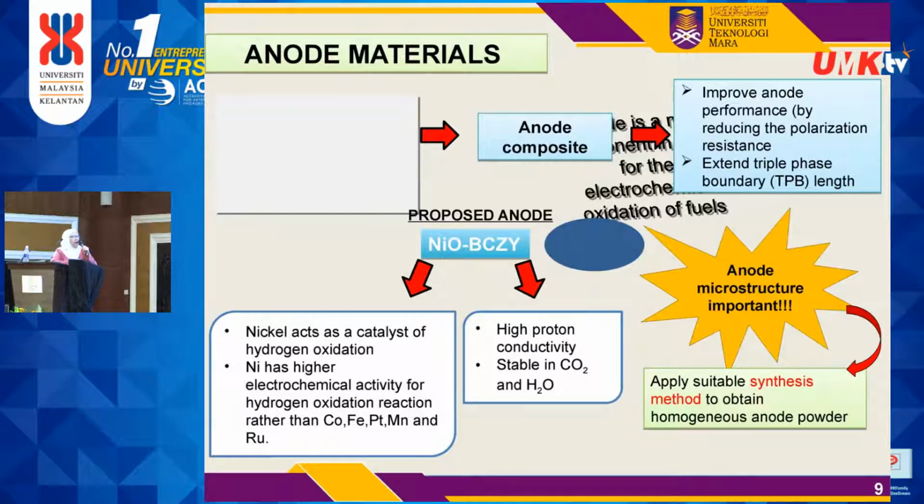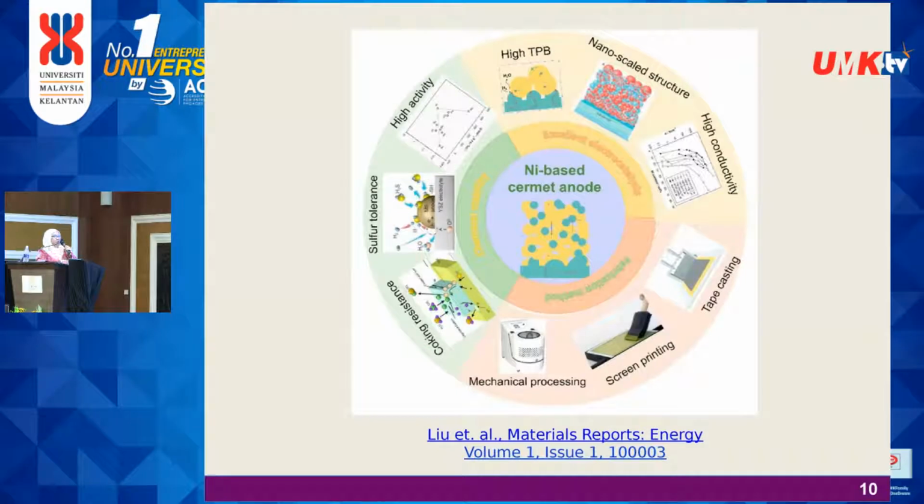We also have nano-scale structures with high TPB, and a few chemical agents to increase the TPB so the electrochemical reaction is at the optimum level. Not only for hydrogen fuel, we also study hydrocarbon fuel: what happens to the anode side and to the performance of the single cells.